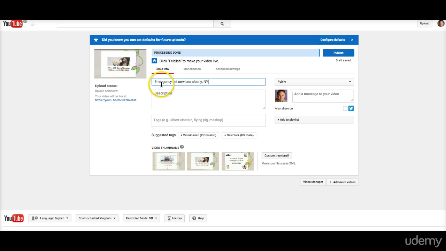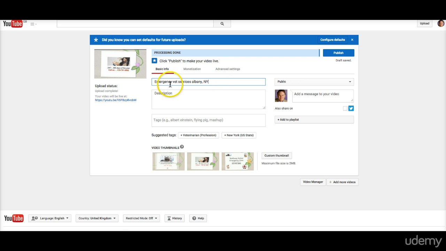If you remember, we were talking earlier about emergency veterinary services. I figured that if people are trying to find something in an emergency, they're much more likely to type in the word vet than veterinary, because it's much shorter. So I've changed the keyword here to emergency vet services.